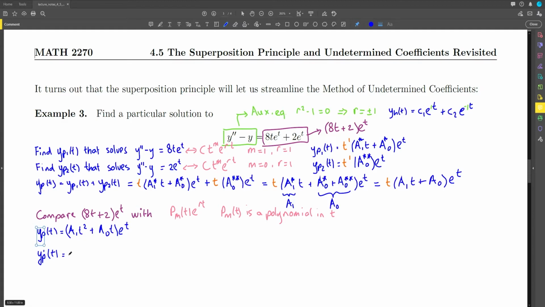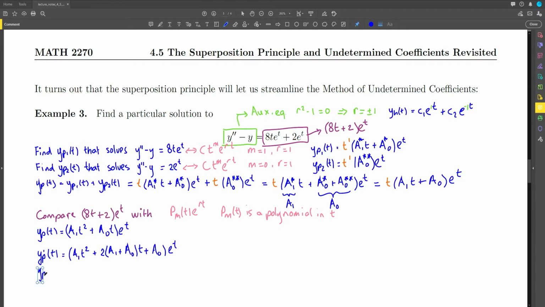So the product rule will then tell us that the derivative of this is, if you combine all the terms, a1 t squared plus 2 times a1 plus a naught, and then t plus a naught, and all of that times e to the power t.